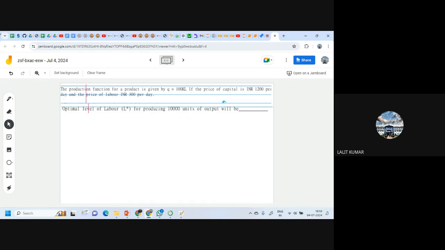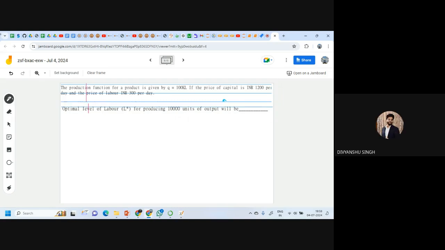So we have already understood MPL. We calculate Q is equal to 100 KL. So MPL by MPK is equal to W by R, and this will become 100K over 100L. Price of capital is 1200, labor is 300.